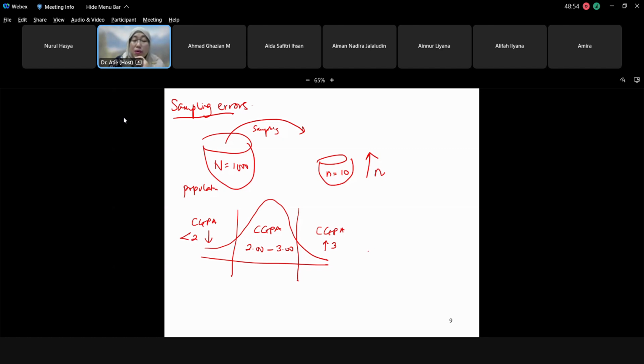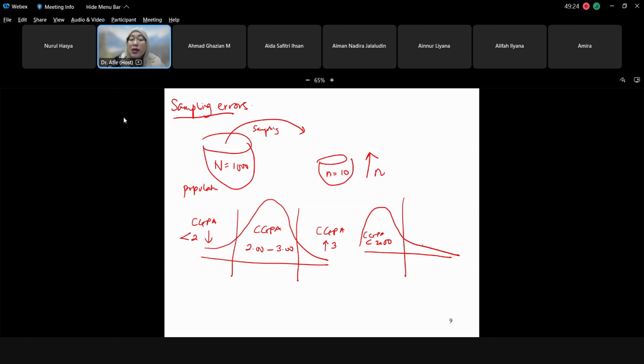But what happened in their study is they only took people who are not good, with CGPA less than 2, dominating the sample. So this cannot represent the true population of UTM students.